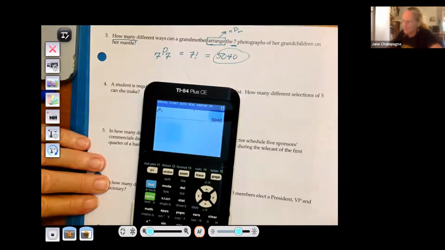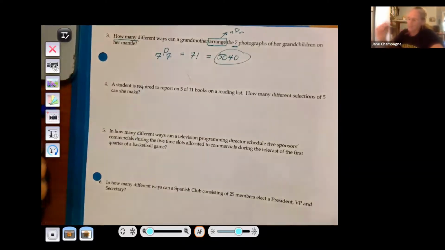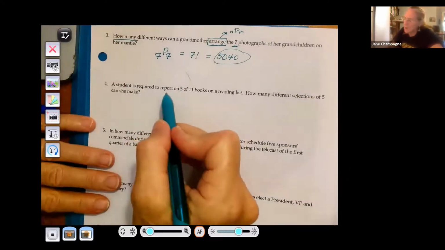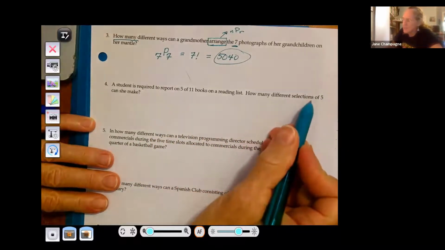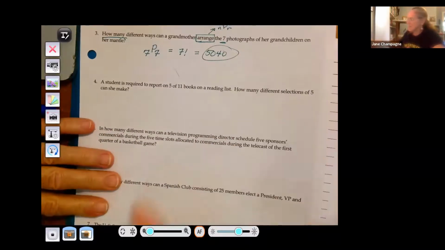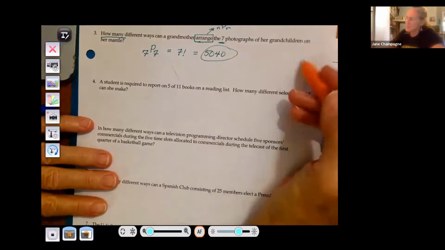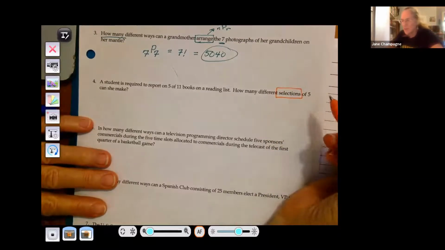Number 4. A student is required to report on 5 of 11 books on a reading list. How many different selections of 5 can she make? All right, so selections. What do you think about selections? Does order matter?